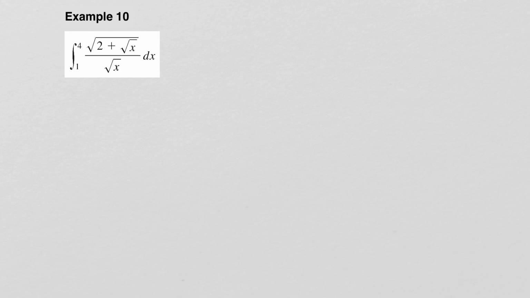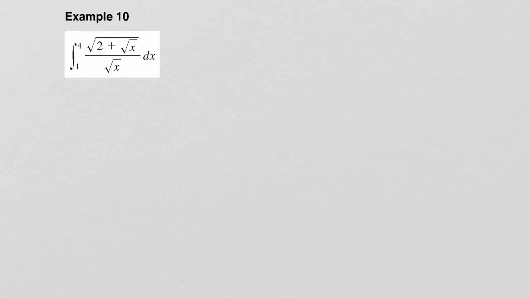But I'm going to let u be equal to the inside of the radical, because the square root of 2 plus the square root of x, this is not very nice. So if I let u be this part, at least that will change to be the square root of u. So I'm going to try that first.